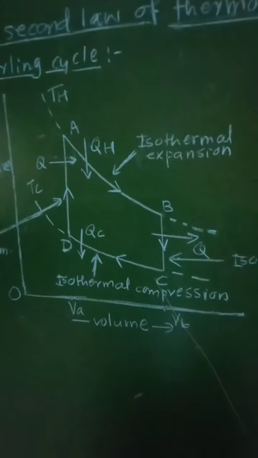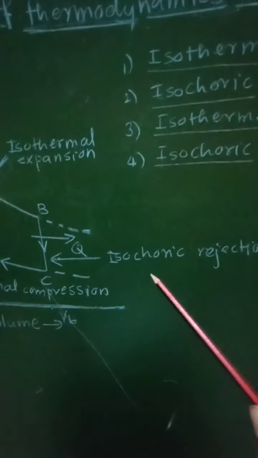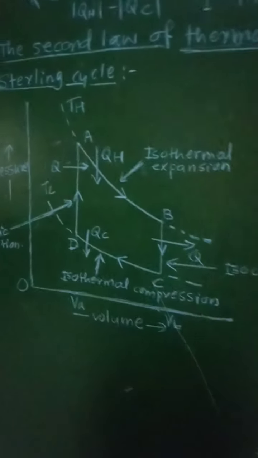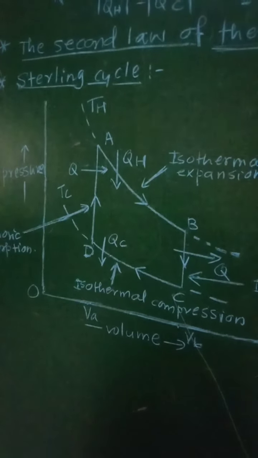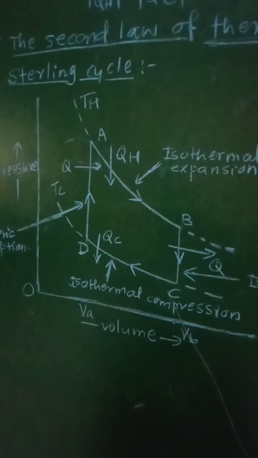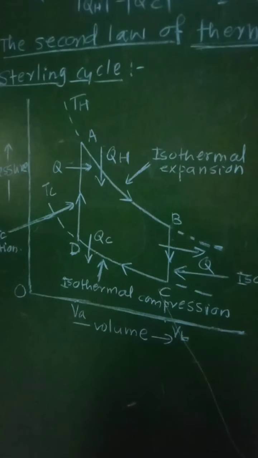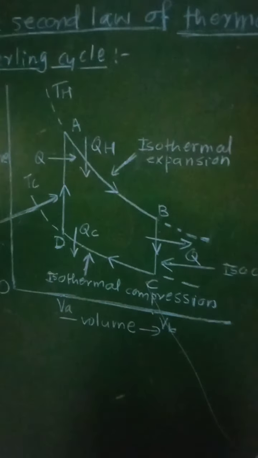Now let us consider the second part, BC, which represents the isochoric rejection of the heat energy Q. This part of the cycle will release some amount of the heat energy QH that was already absorbed in the previous part AB.